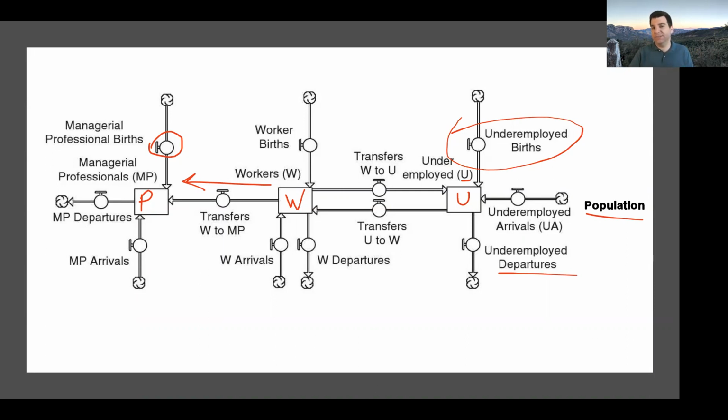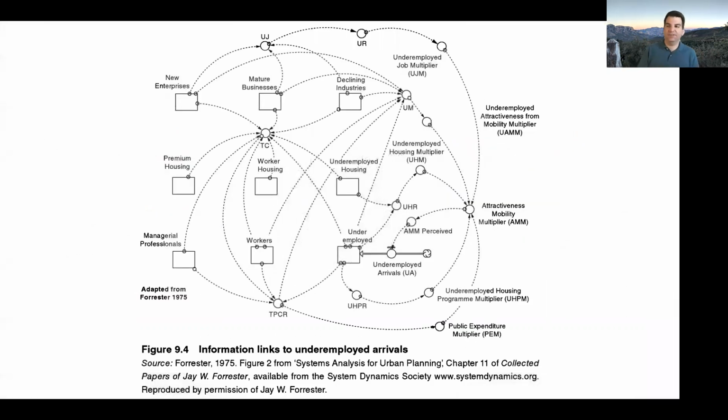All right, so those are all the stocks and flows that go into a major component of Morecroft's or Forrester's model. But once you have all these stocks and flows, then you need to imagine that there's going to be connections between these. Up here, remember, these are the industries, this is the housing, and this is the population. And the movement within these categories will depend in part upon how much is available in the other categories.